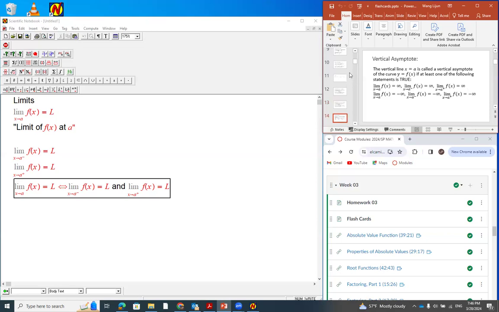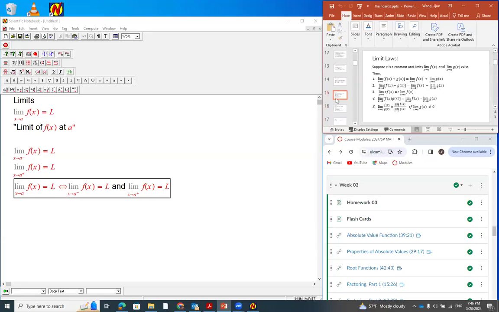So we have this, especially related to vertical asymptotes. So this is the vertical asymptote, and this makes a connection to what we have learned before, the vertical asymptotes for some rational functions.